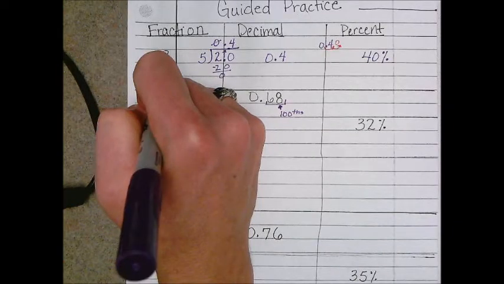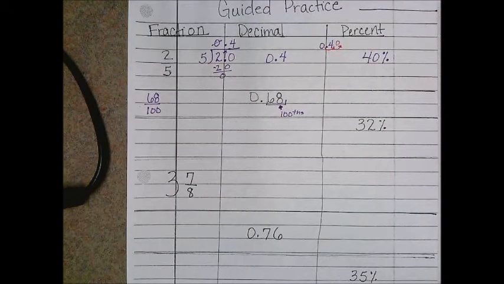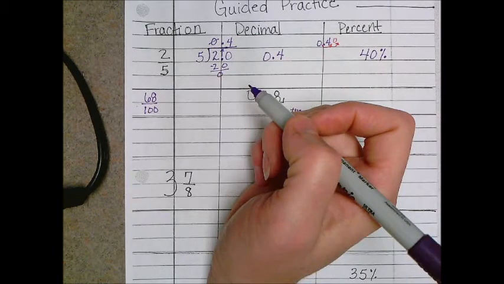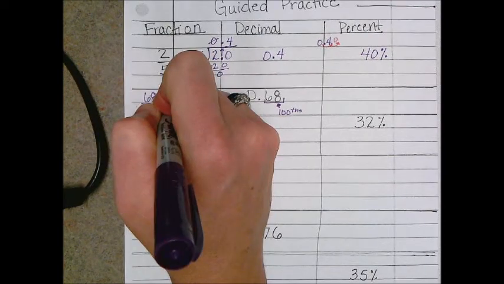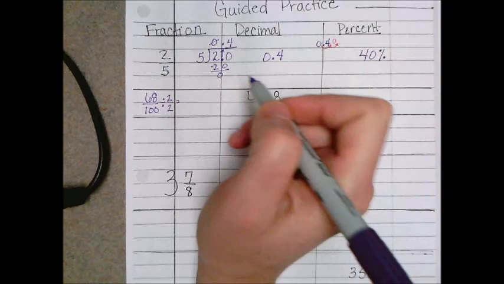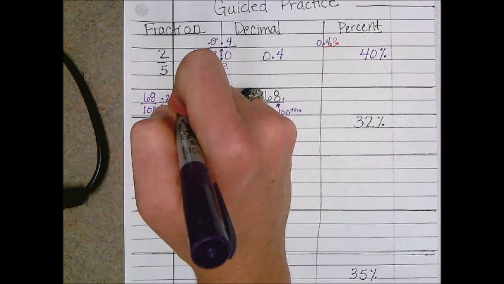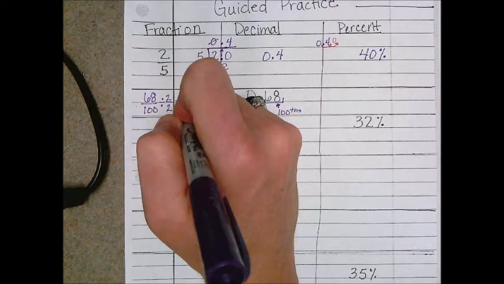Except I have to finish simplifying it. And I know that 68 and 100 are both even numbers. Therefore, they'll divide by 2. 68 divided by 2 is 34. 100 divided by 2 is 50. And I have to ask myself, is this as simple as this fraction will go?